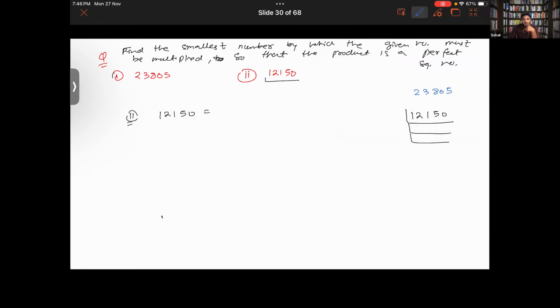Okay, now guys, if I were to change the first question, and say find the smallest number by which the given number must be divided so that the quotient is a perfect square. You have to divide by 5.